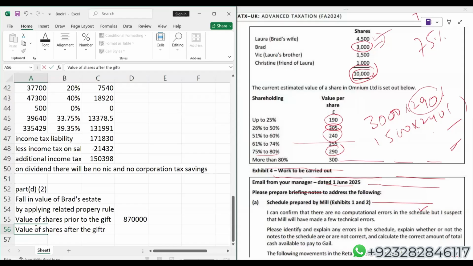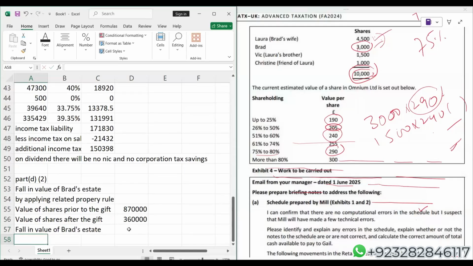After the gift, the number of shares is 1,500. The holding is 60%. At 60%, the share price is 240. So here comes the fall in value, which is 5 lakh 10,000.